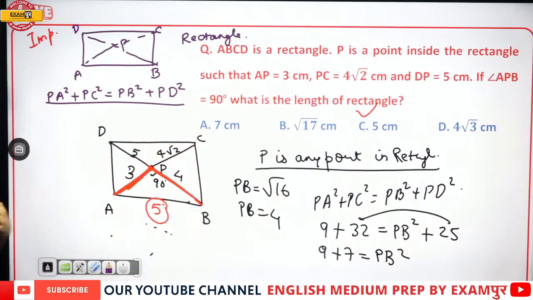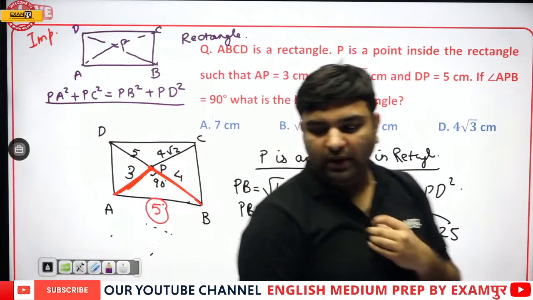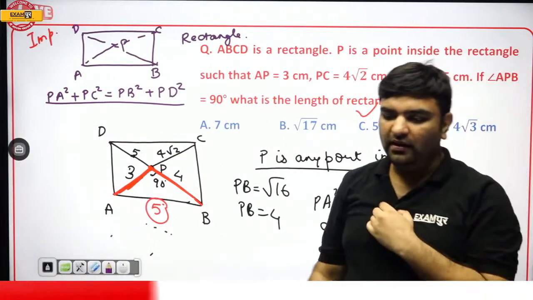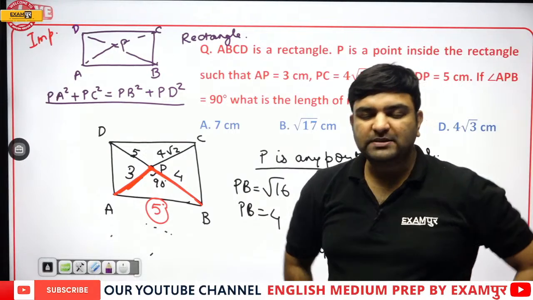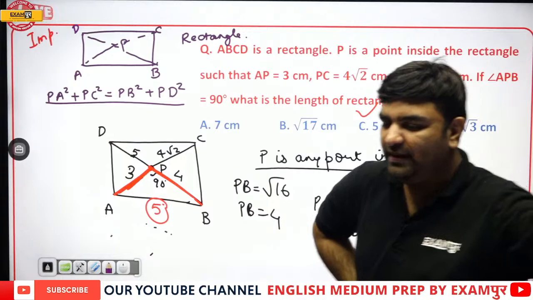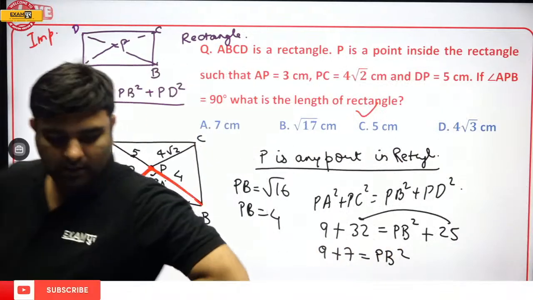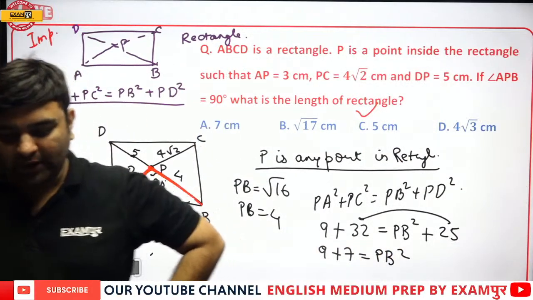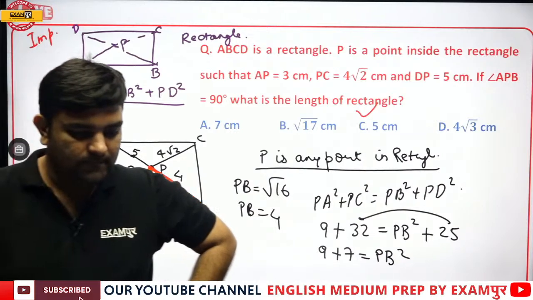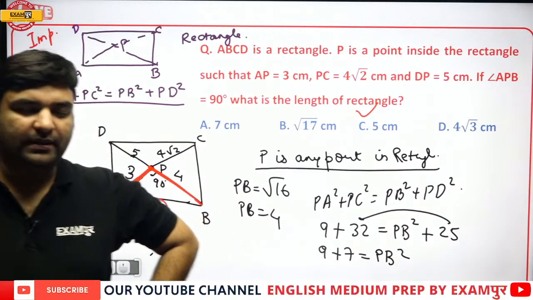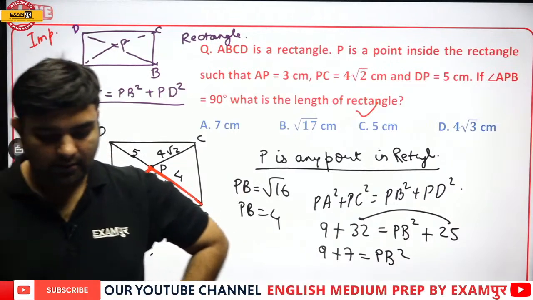In any rectangle, if P is any point inside the rectangle, then PA square plus PC square is equal to PB square plus PD square. Cool, guys? Come on, tell me.